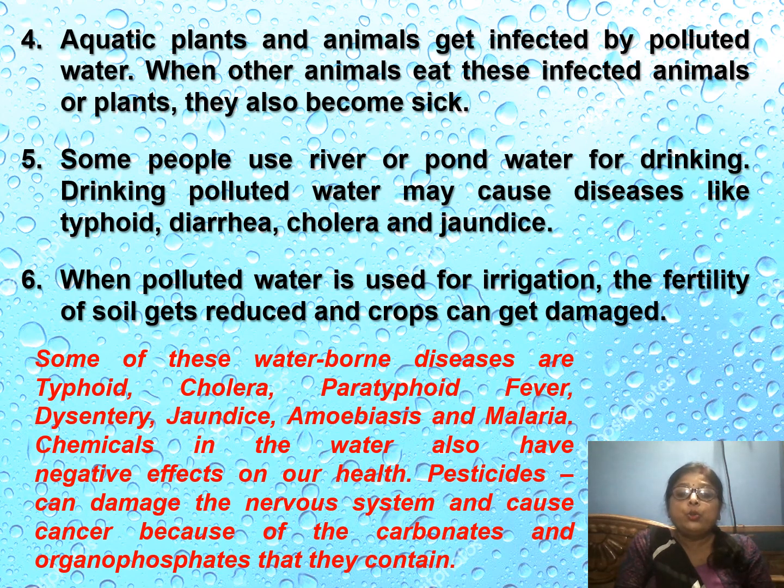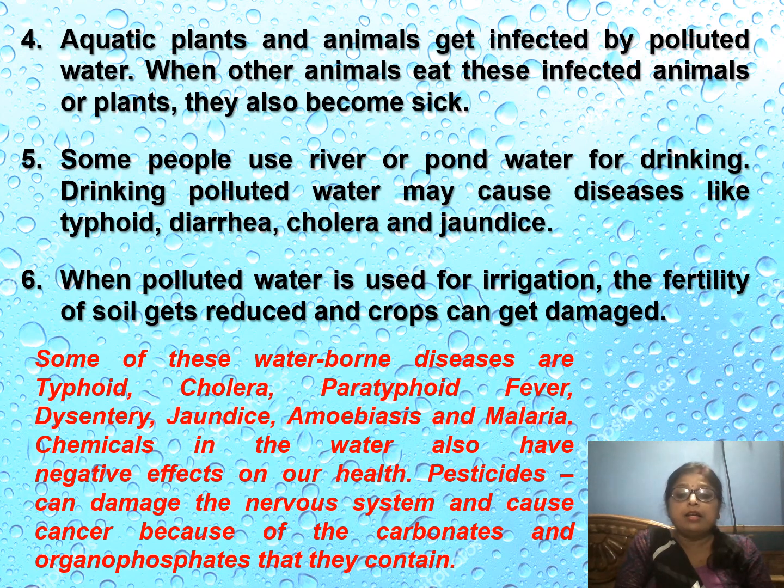Some people use river or pond water for drinking, and when it is polluted and when they take such water, the people also become ill and may get different types of diseases like typhoid, diarrhea, cholera, and jaundice.